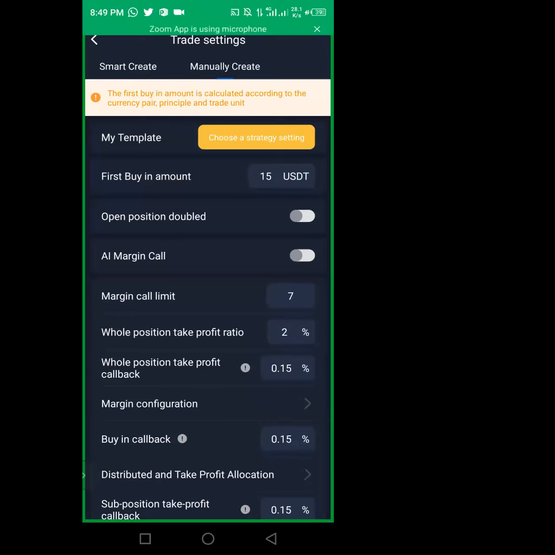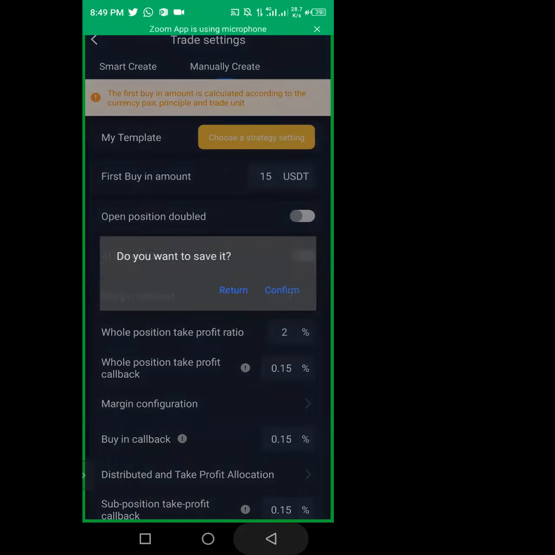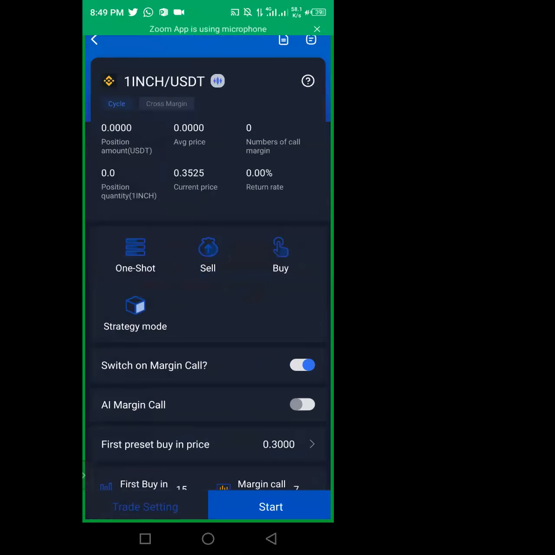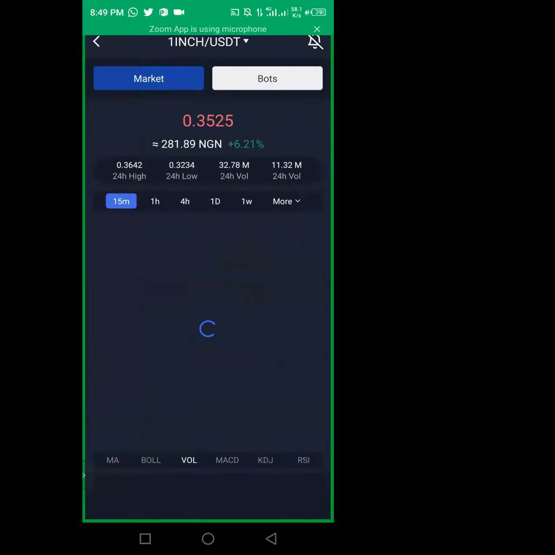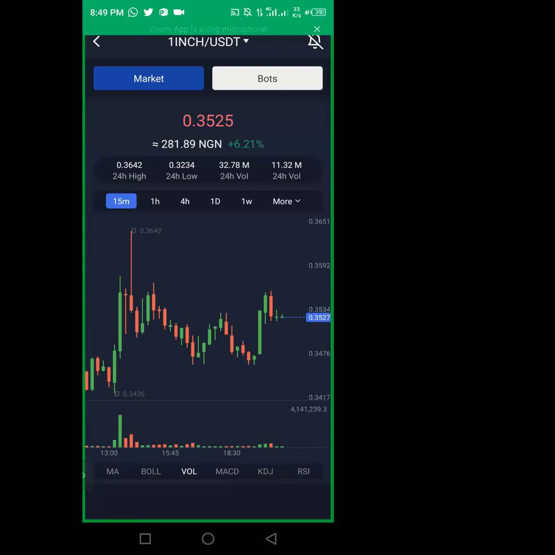Instead of using 15, you will see the graph before you enter any trade. Before you select any coin in RoyalQ, you will see the graph here, before you click on create.